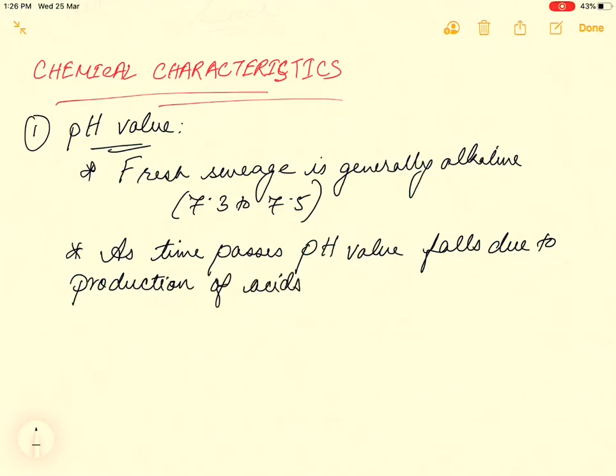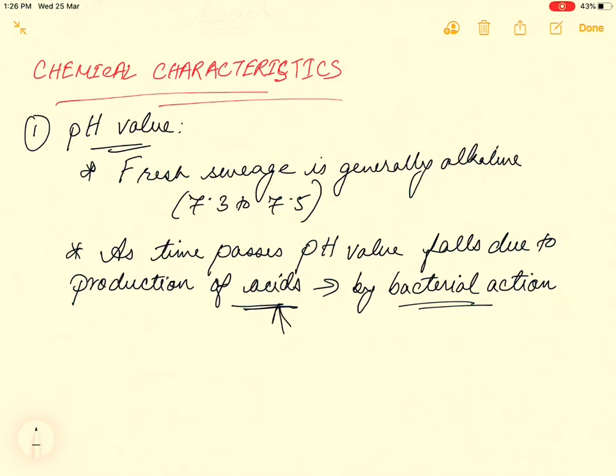How are acids produced? By bacterial action. Bacteria are present in your wastewater, and they undergo decomposition. You have already studied the types of decomposition. By that decomposition, acids are formed, and hence the pH value decreases.